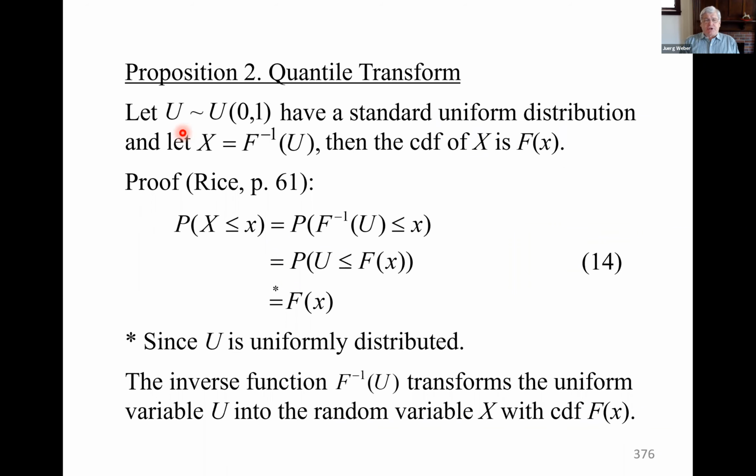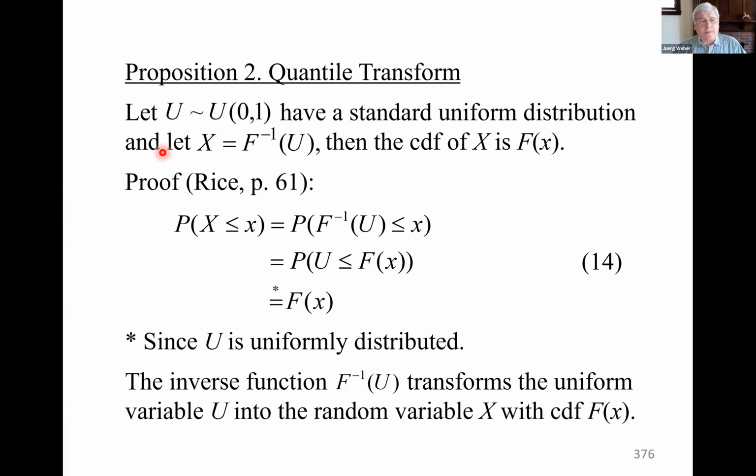Now, proposition 2 is the so-called quantile transform. We also will use that one, not so much, but it's also actually used when copulas are explained. So let's also understand that.